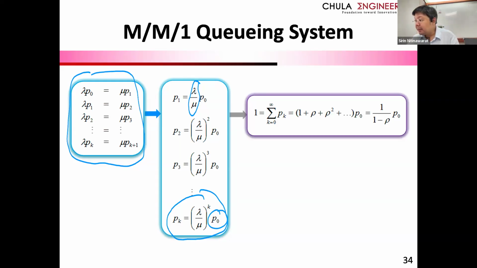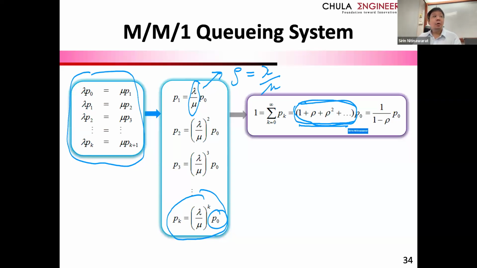Okay, do you remember this sum? 1 plus rho plus rho square and so on, where rho is defined to be lambda divided by mu, right? So I know that the sum of all these stationary probabilities is 1. I can write it in terms of P0 like that. And what is this sum? 1 plus rho plus rho square.